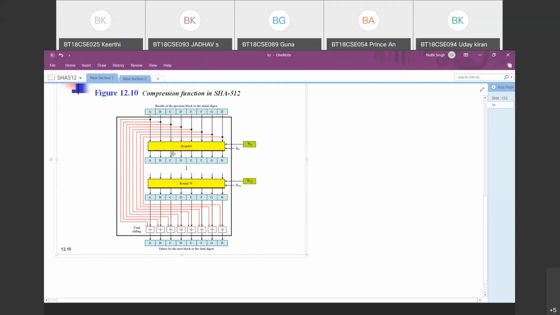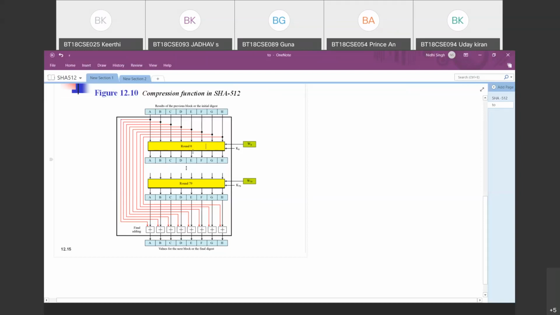Whatever operations are performed in each round structure, like the T1 and T2 calculations, and filling out all the buffer values, the output will be generated and again stored in buffers A, B, C, D, E, F, G, H.